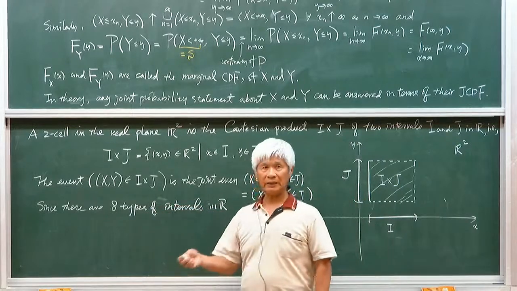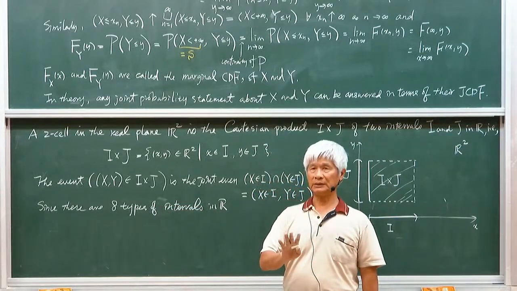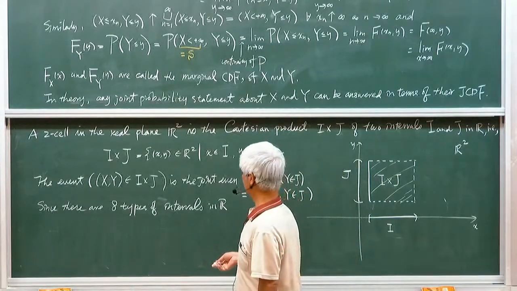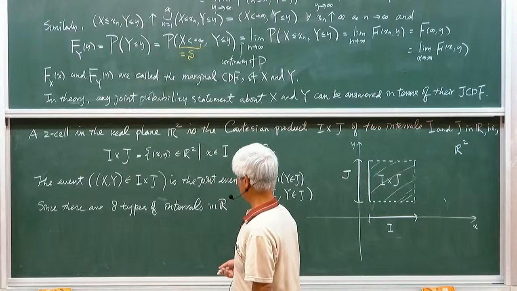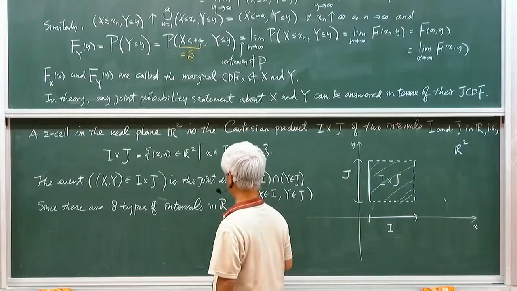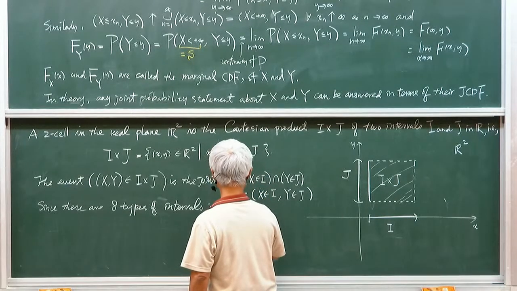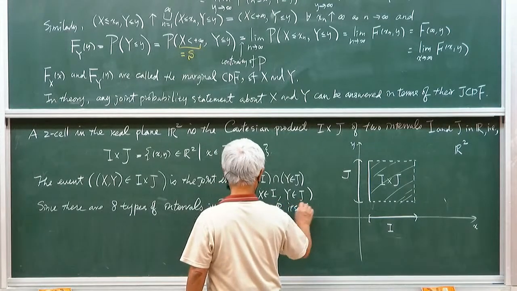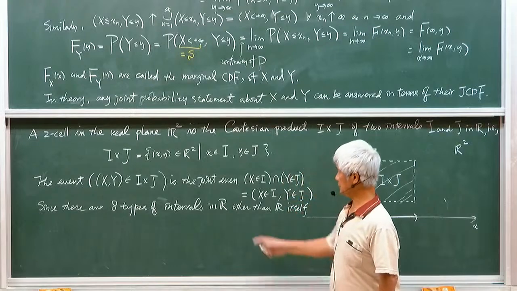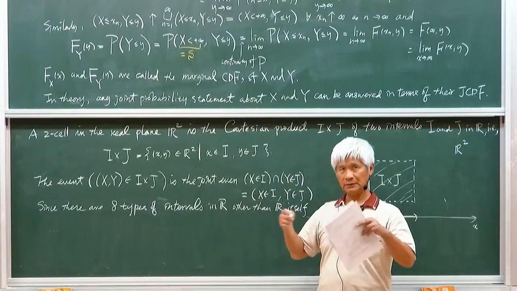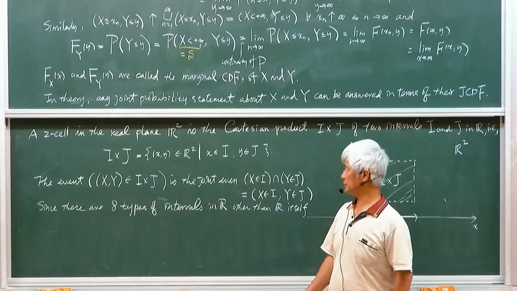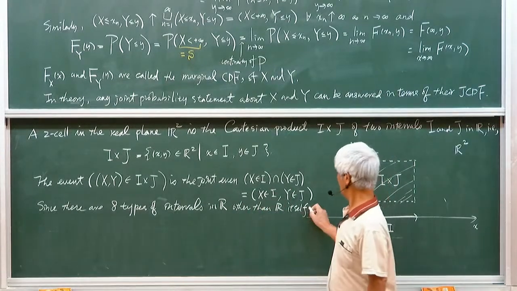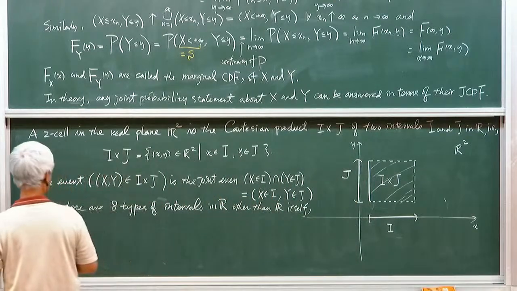In these 8 types, there are 4 types of finite intervals and 4 types of semi-infinite intervals, other than R itself. Because R itself is two-sided and corresponds to the total event.